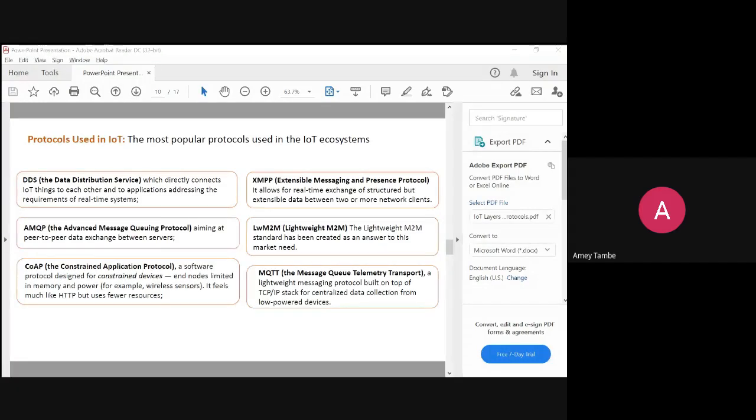And if we go on to another protocol, we have the Advanced Message Queuing Protocol. As the name suggests, it has messages which are queued. The AMQP specification describes the features as message oriented, with queuing and routing.